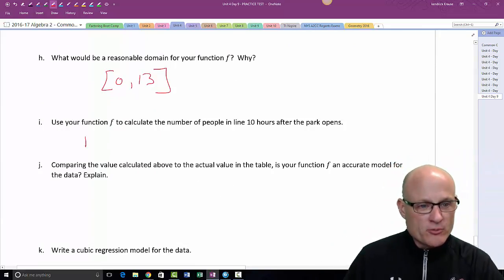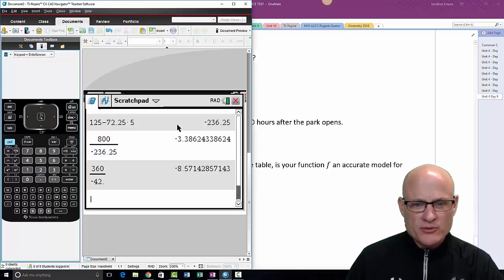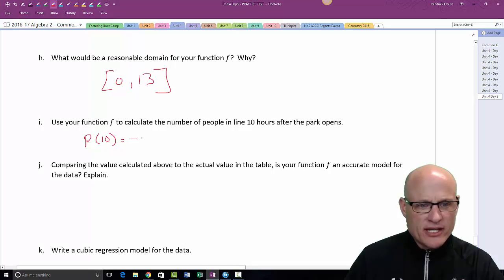opens. Okay, so we're going to do P of 10, and we came up with, what was that number? Negative 8.57 times t, well, in this case, times 10, times 10 minus 13.